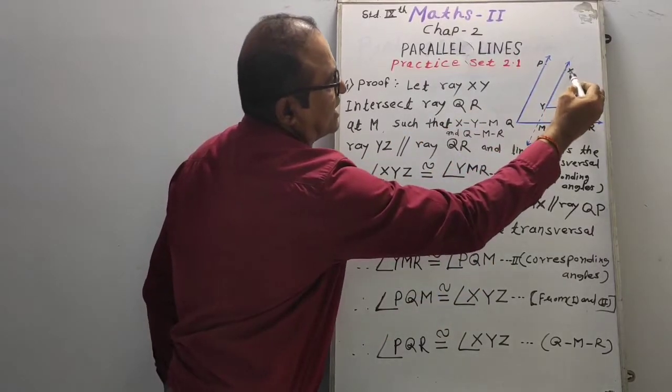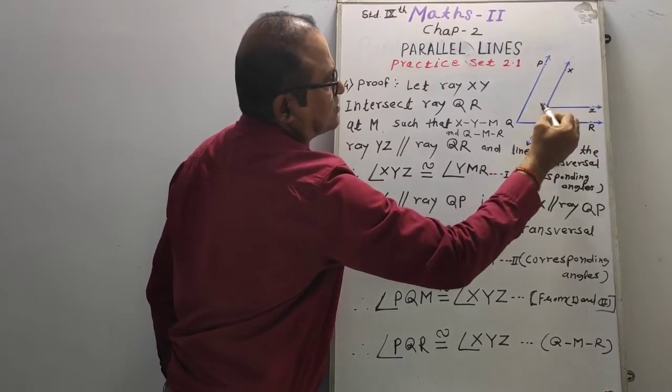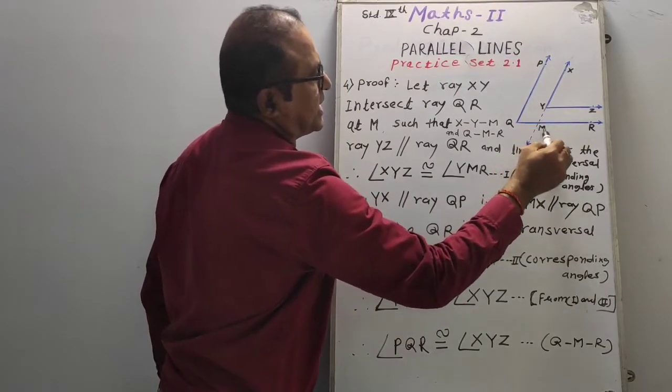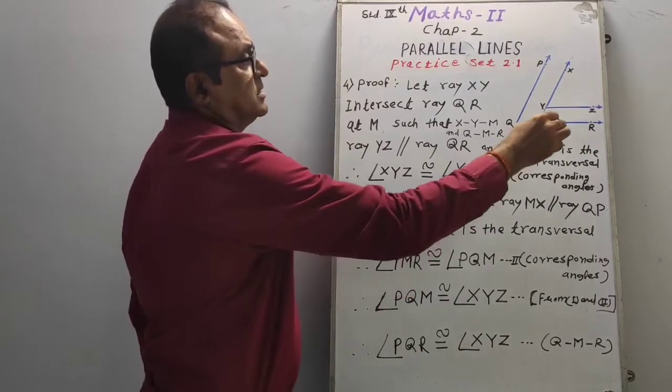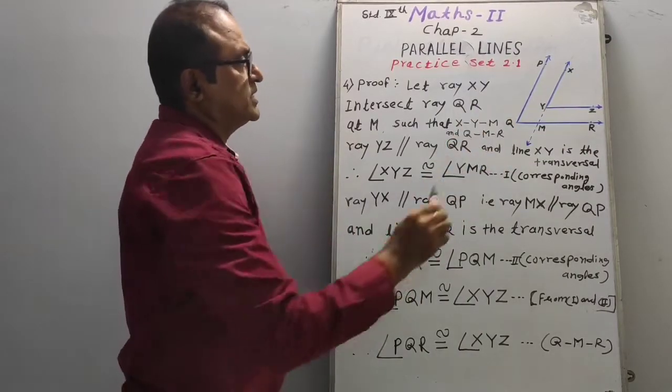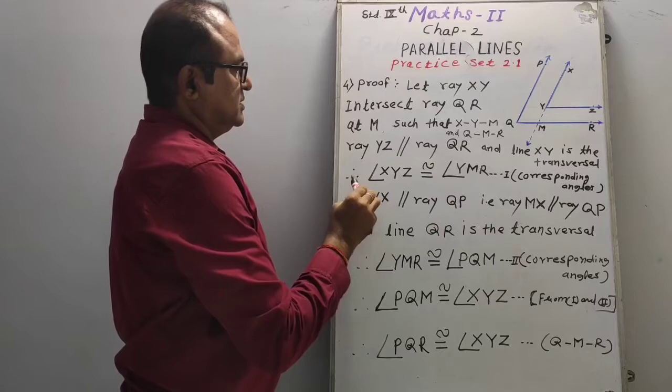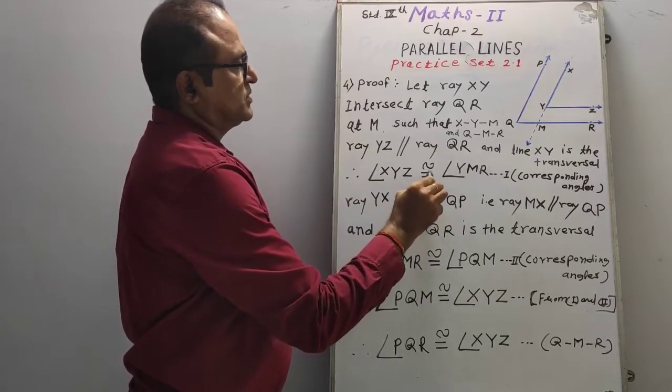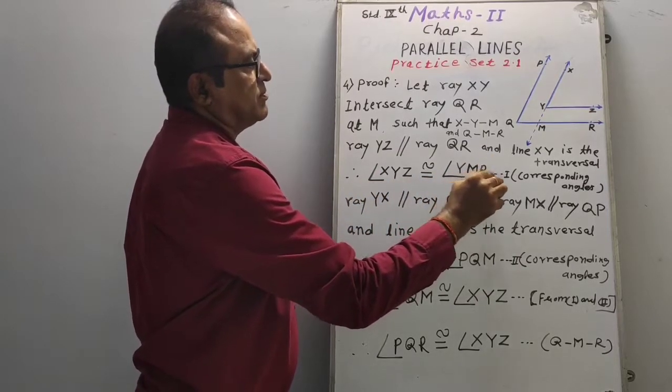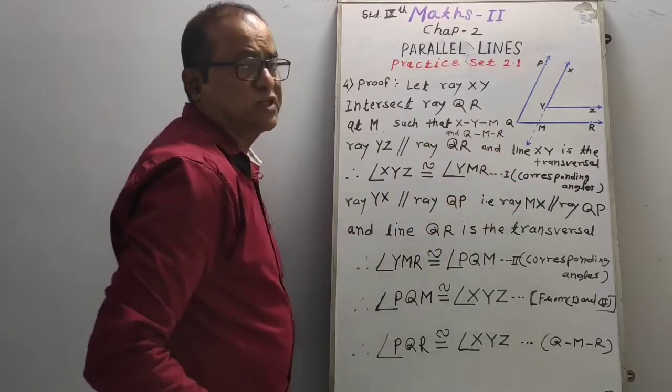Therefore angle XYZ and angle YMR are the corresponding angles, and corresponding angles are congruent. Therefore angle XYZ is congruent to angle YMR, by 1, corresponding angle.